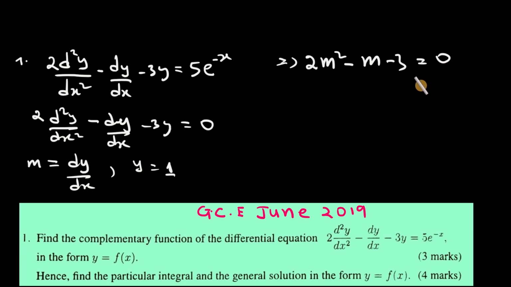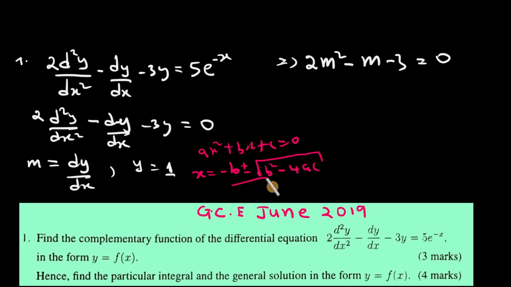Now I need to solve this quadratic equation by the formula method. So to solve a quadratic equation by the formula method, let's say the quadratic equation is ax squared plus bx plus c is equal to 0. x is equal to negative b plus or minus square root of b squared minus 4ac all over 2a.